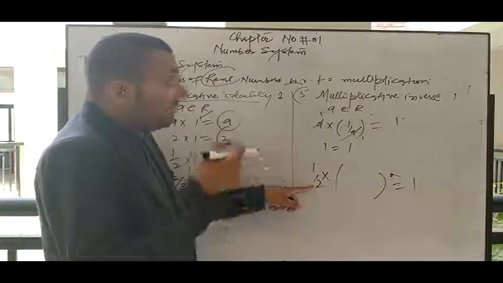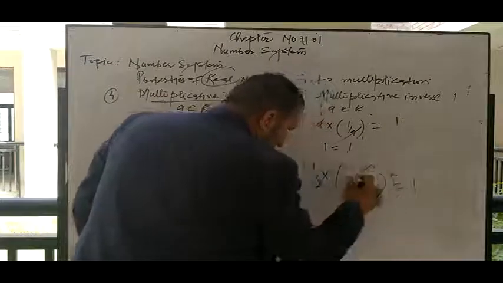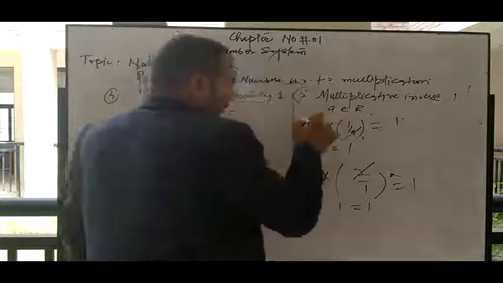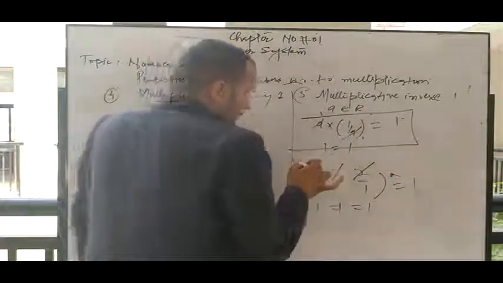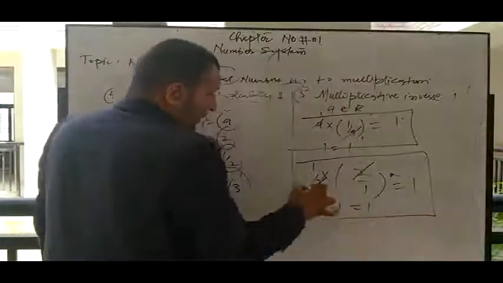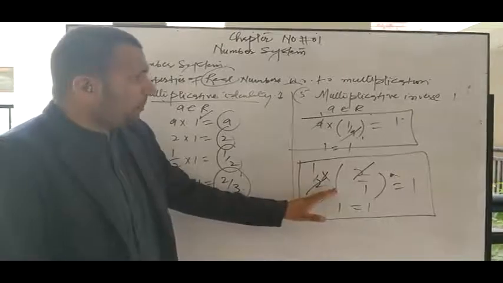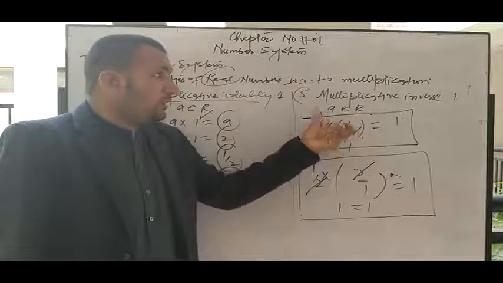We take the 2 as the numerator, because 2 multiply 1 upon 2, the opposite of 2 is equal to 1 upon 2. Cutting off is equal to 1. The value of the direct real number is 1. We take the fractional part, the value is equal to 1. This is the property of real numbers with respect to multiplication with inverse.